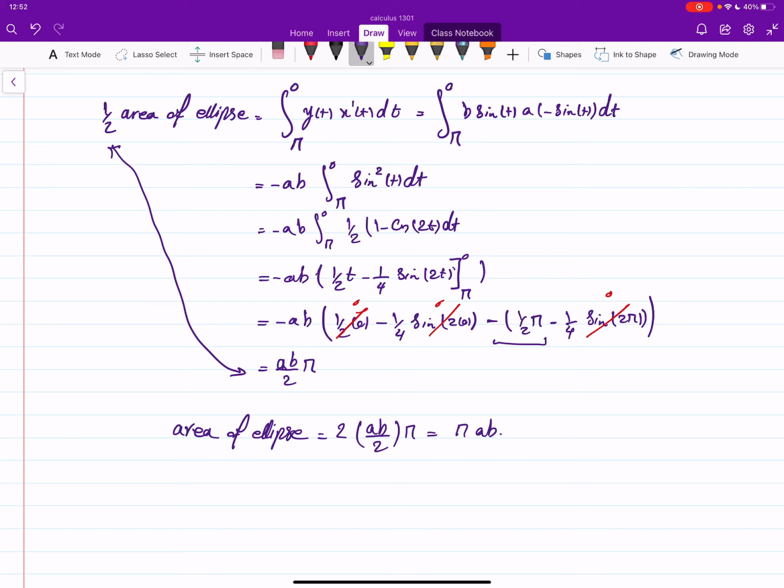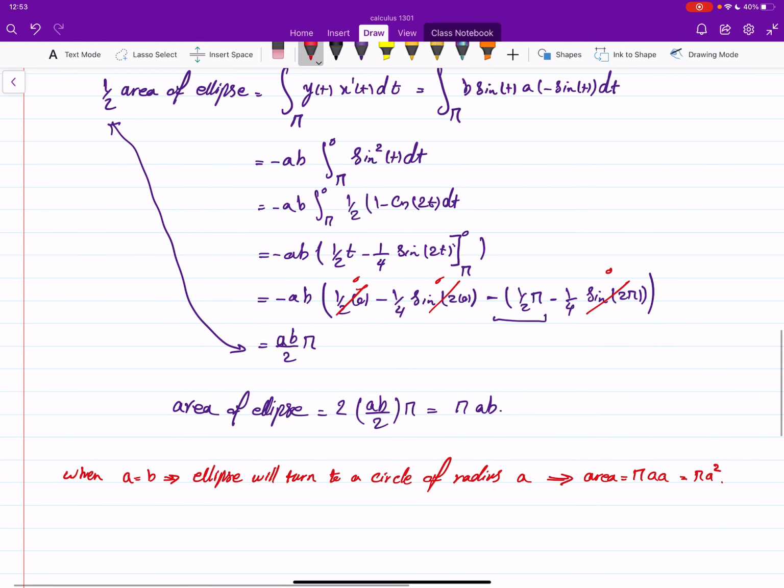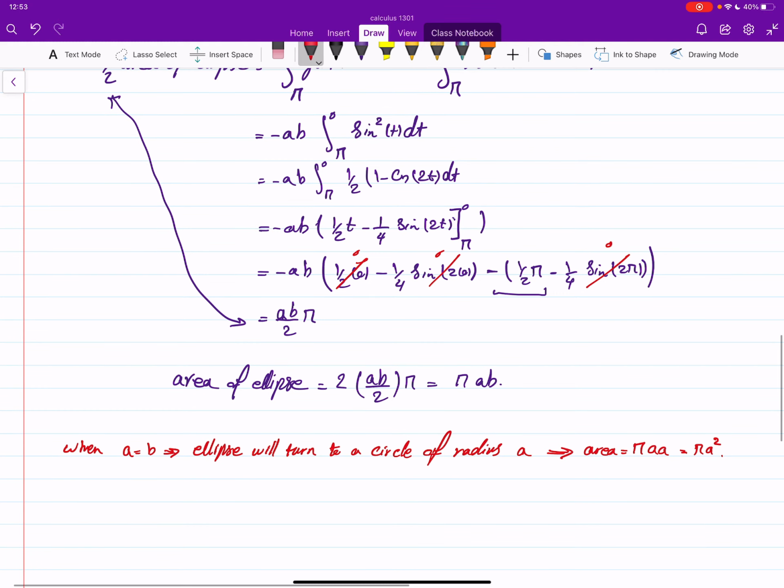By the way, when a is equal to b, then the ellipse will turn into a circle of radius a. So then the area reduces to pi times a squared, since a and b are the same thing. Yes, so I can write pi radius squared, which is what we expect to have when it comes to the area of a circle.